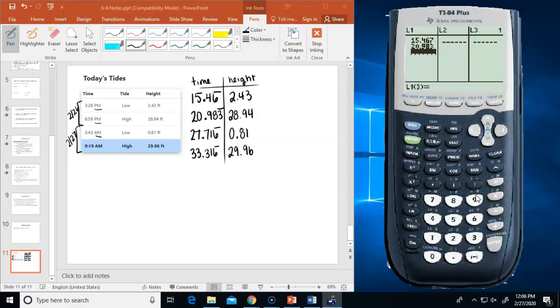And where you got repeating, just put several decimal places there.